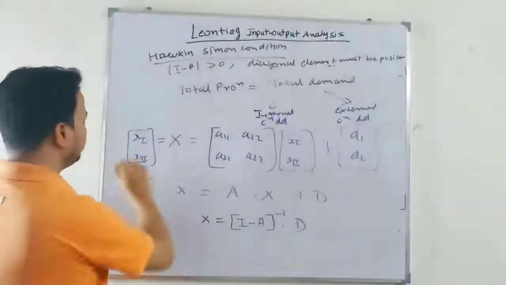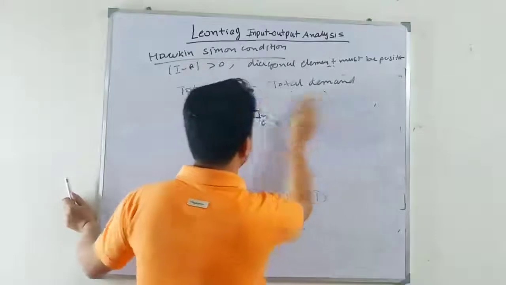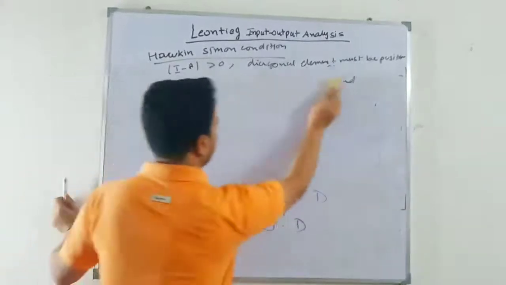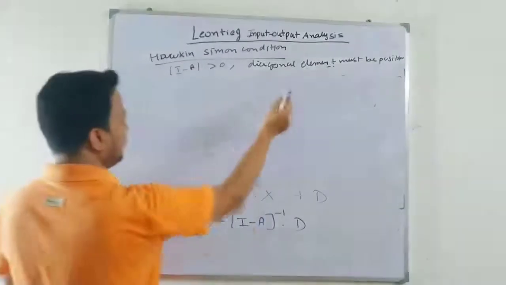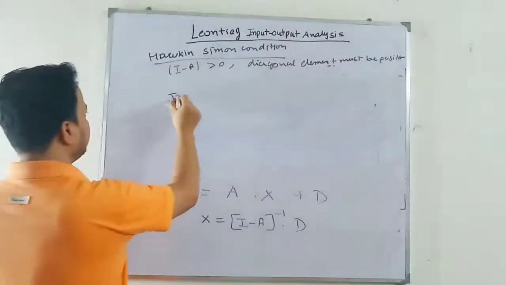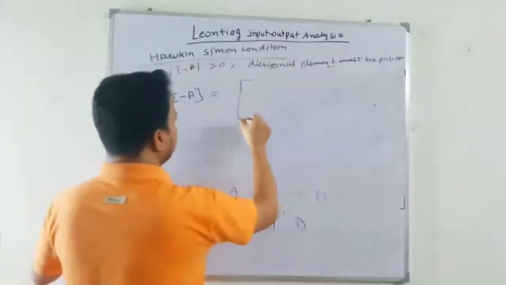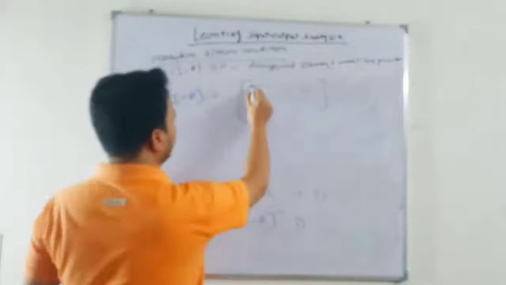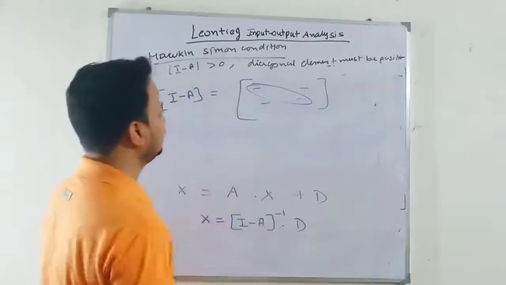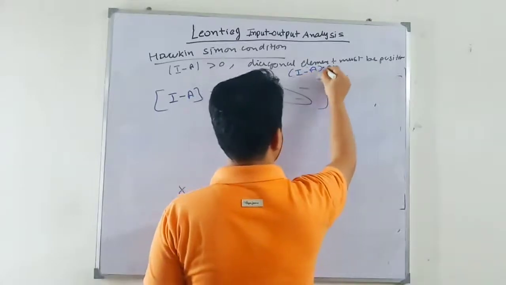So for feasibility, we need to check the Hawkins-Simon condition. First, when we are taking out I minus A, we are getting some numbers here. So first we check the diagonal elements. The diagonal elements of the I minus A matrix must be positive.